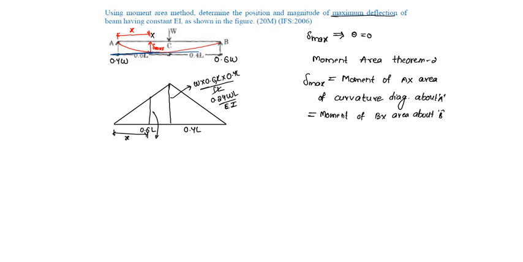This we can obtain since at 0.6 L it is 0.24 W L by EI. Then at X distance, it will be what? It will be 0.4 WX by EI.